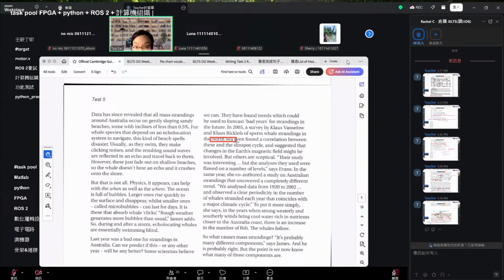Suggest that it changes. So what kind of whale was studied? The major topic for their study. We analyzed data, observing periodic counts for the number of whales stranded, and put as years of studies. So it was to talk about sperm whale. Sperm whale was the answer for question 17.